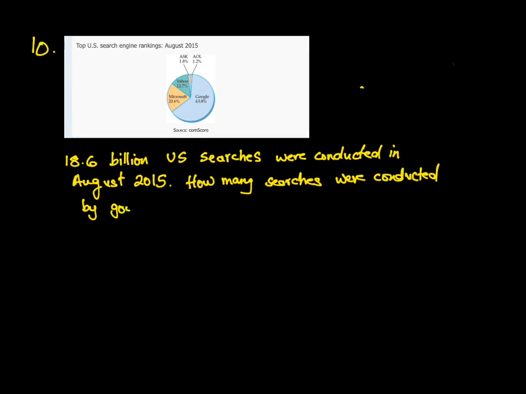Now round your answer here to the tenth of a billion. So how many searches were conducted by Google, and round your answer to the tenth of a billion. That means the decimal place has to be tenths.